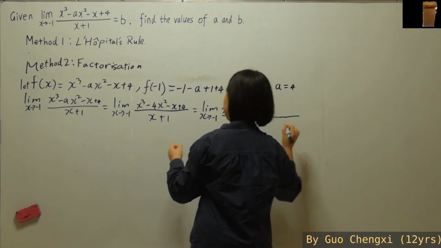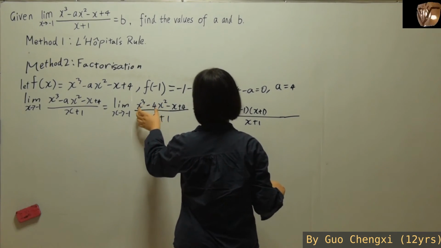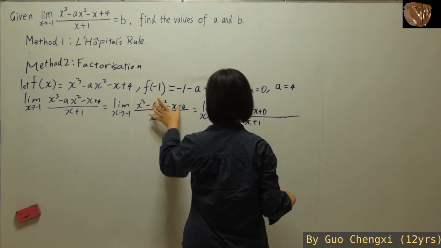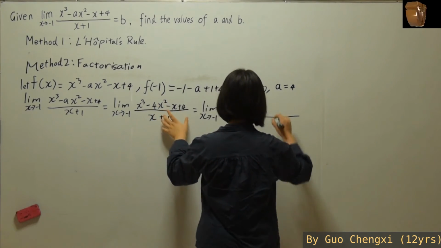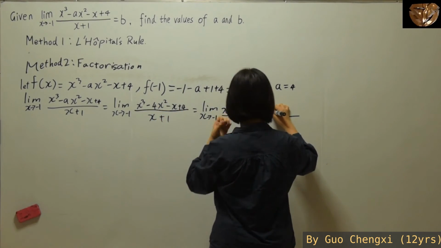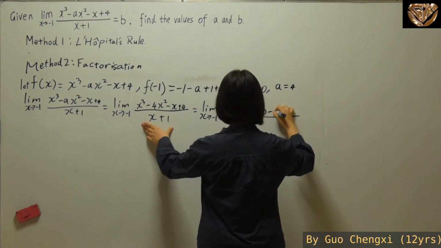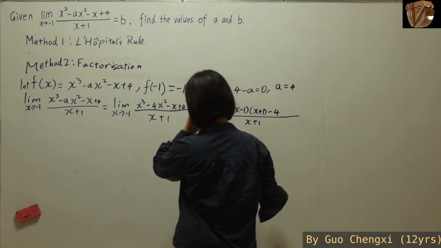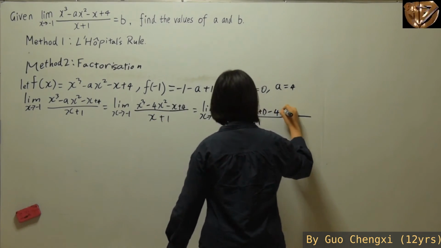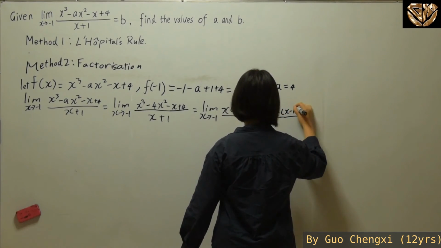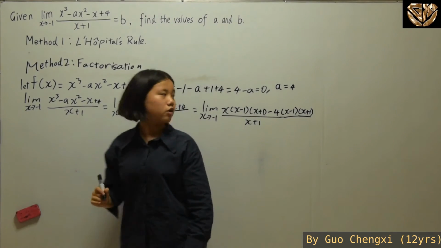Just now I told you that you change this into 2 parts and group these 2 together and then group these 2 together. But when you group these 2 together, instead of taking out x like the first part, we will be taking out a 4 and negative, so here 4 times x minus 1, and here you have x plus 1 too, okay?